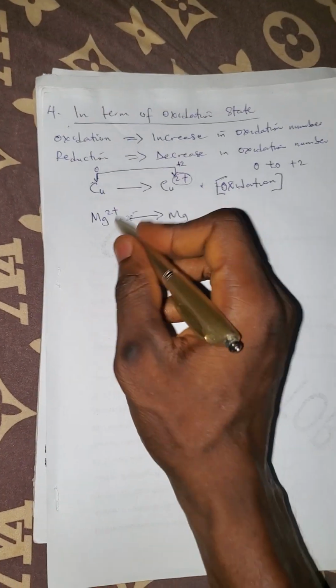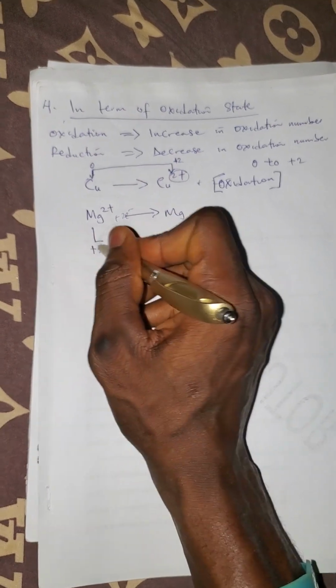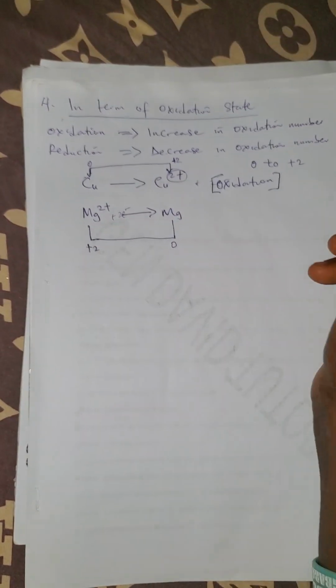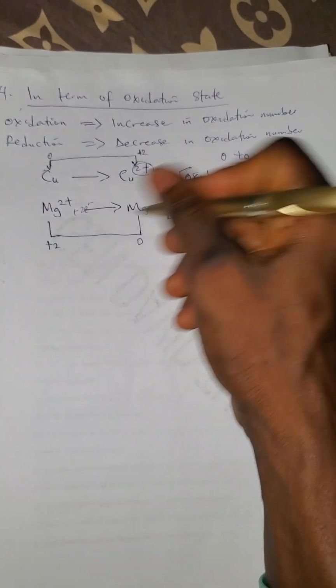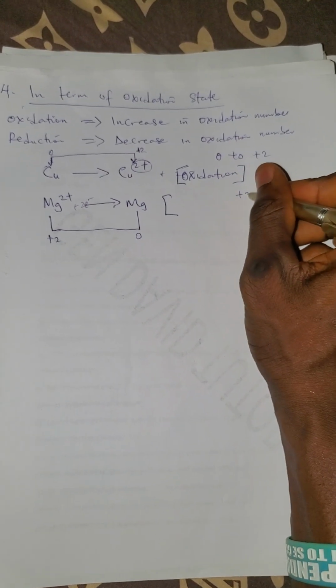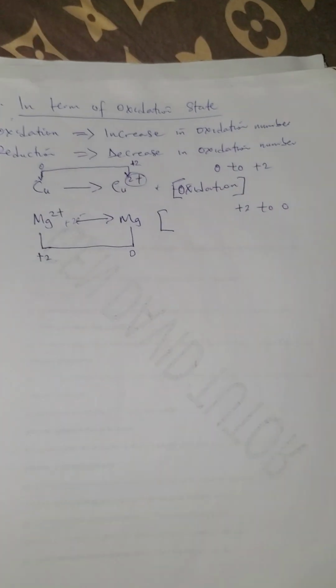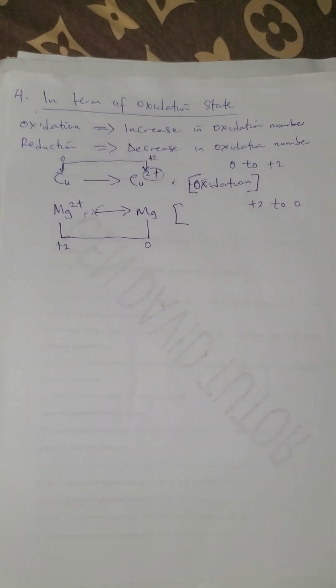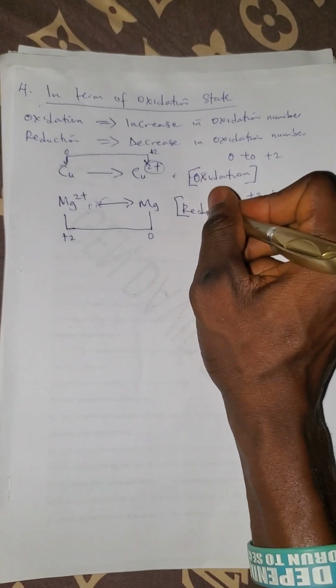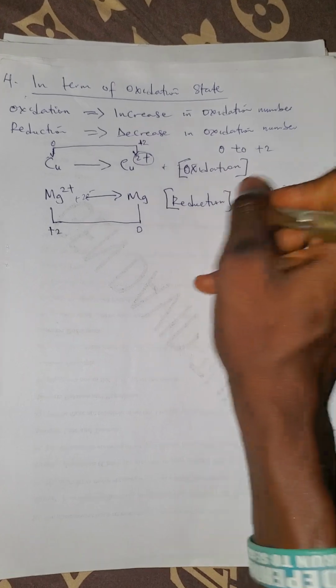But if you check this one, it is from plus 2 to 0. That shows there is a decrease in the oxidation number. It's reduced, and that process is called reduction.